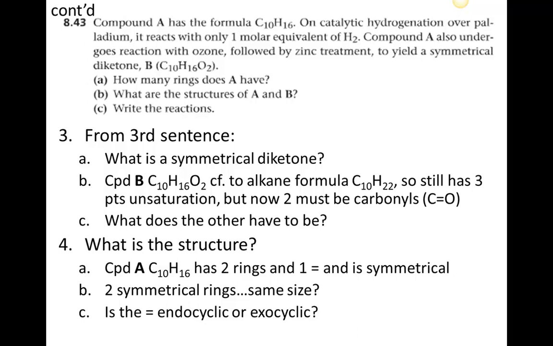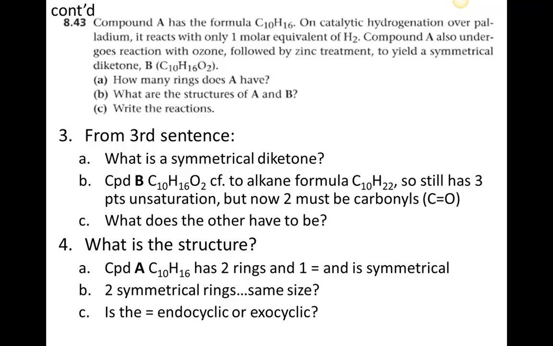If it's inside of a ring, it's going to open the ring. If it's exocyclic, it's going to chop off whatever's sticking out of it. In other words, if I had 2 separate rings connected by a double bond, then it would separate them from each other.